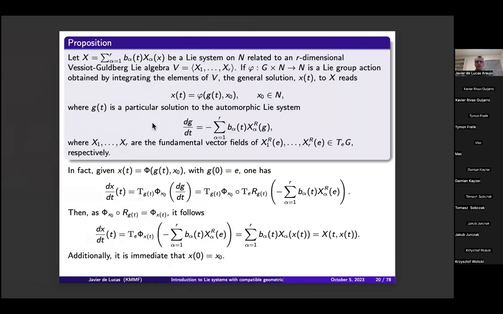Now, the following proposition tells you that when you have a Lie system and you define the associated automorphic Lie system, the general solution of the Lie system can be obtained by means of just one particular solution of the automorphic Lie system.